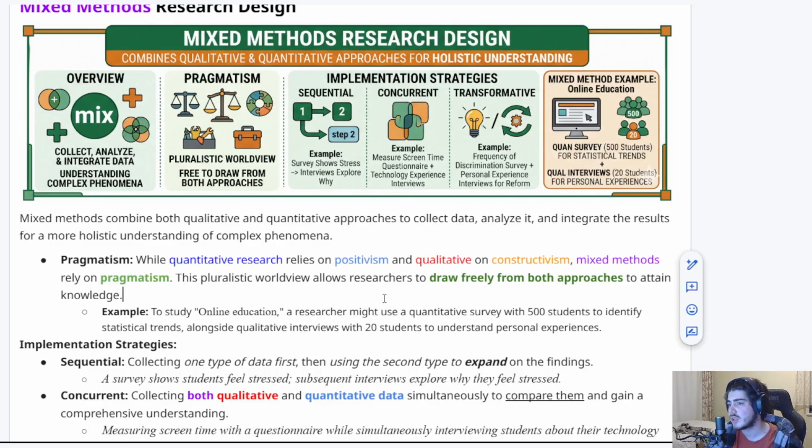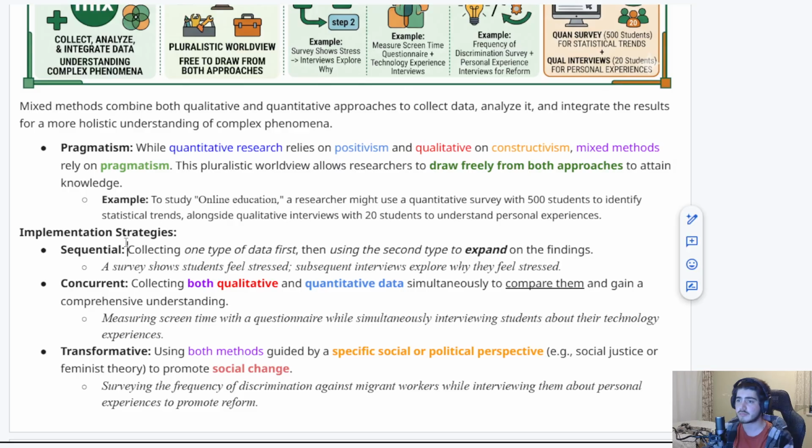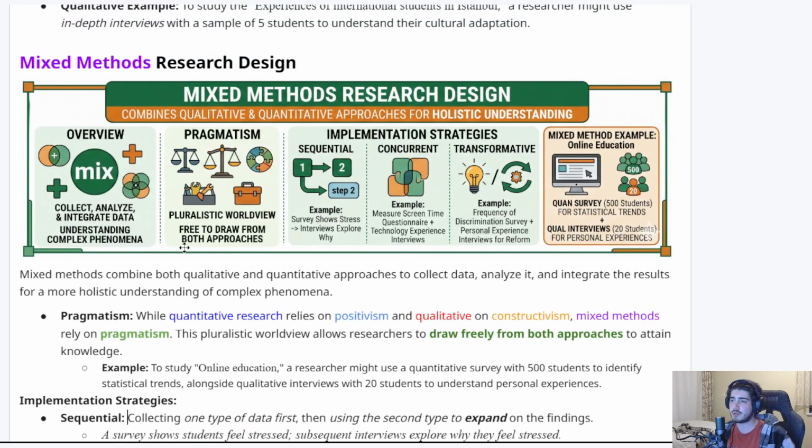For example, while quantitative research relies on positivism, qualitative on constructivism, mixed methods rely on pragmatism, as we talked about. Now, there are three implementation strategies. One is sequential. Surveys show stress, interviews explore why. You see, we used first a quantitative research method, a survey, and then we use interviews, which are qualitative, to explore why.